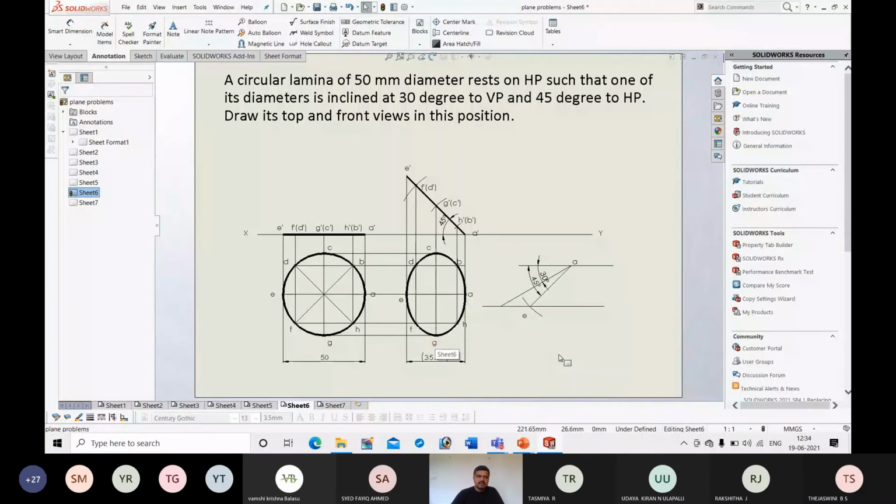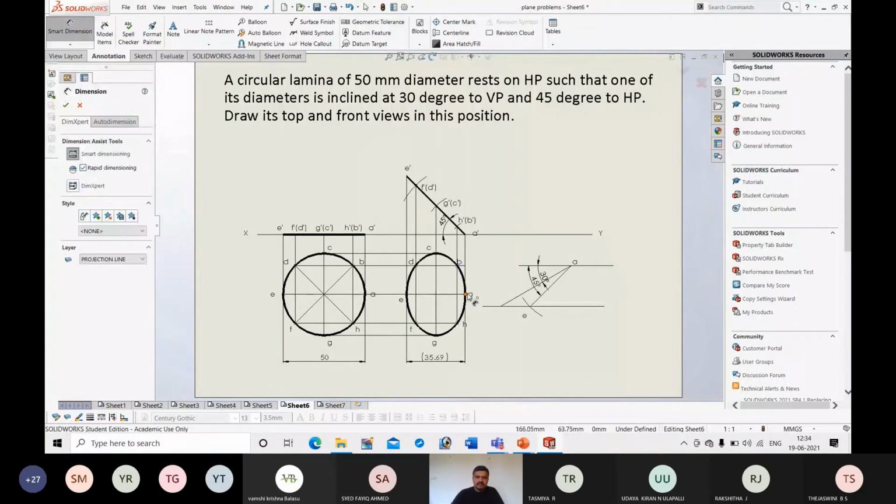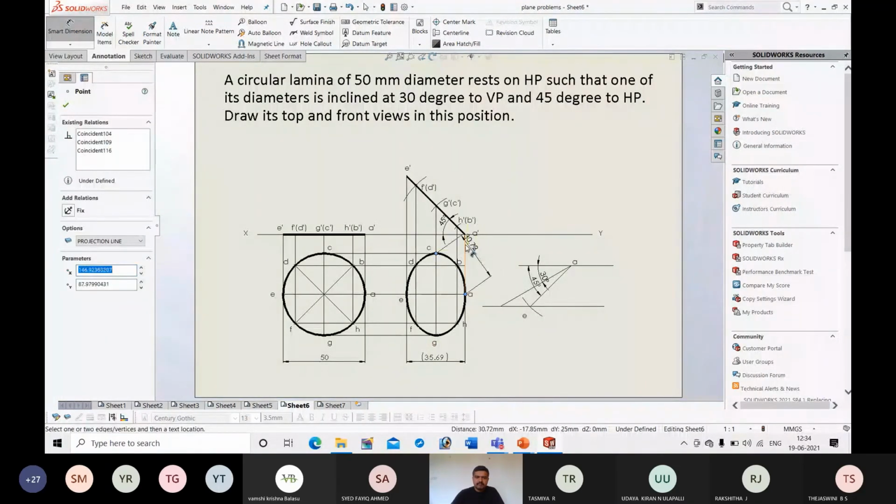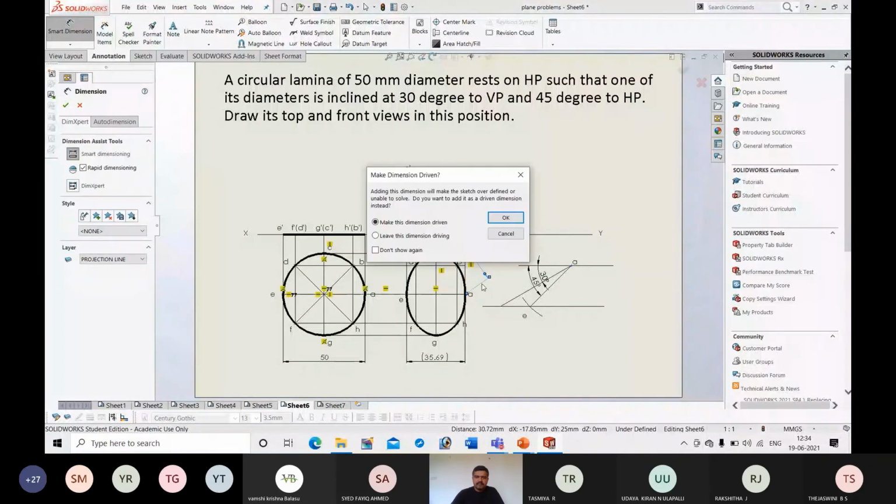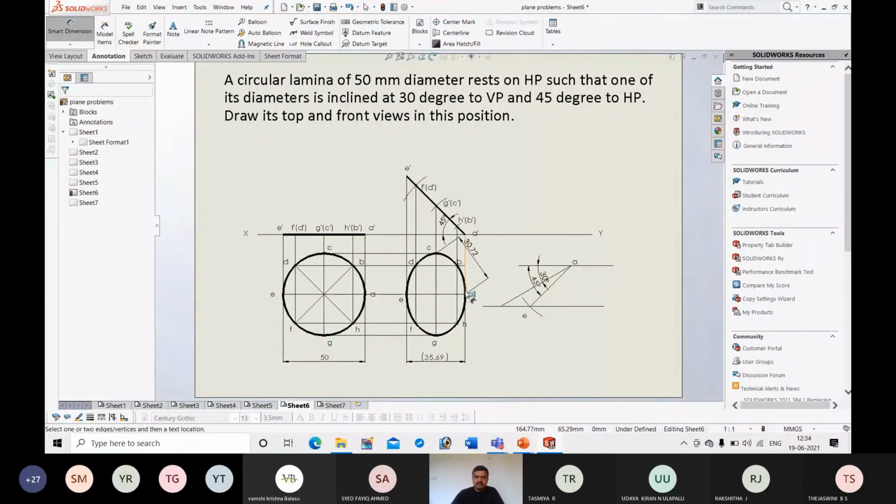First I will measure the radial distance between A to C. That is 30.72. Radial distance between A to C, C to E, E to G, and G to A. So all four are same.